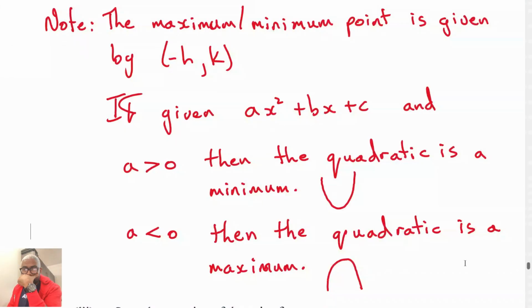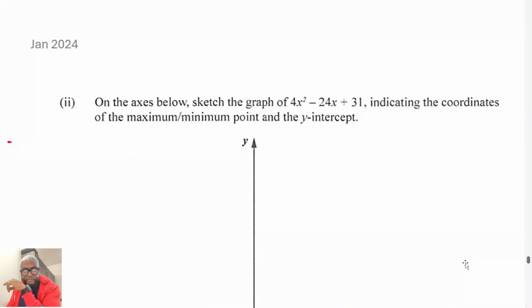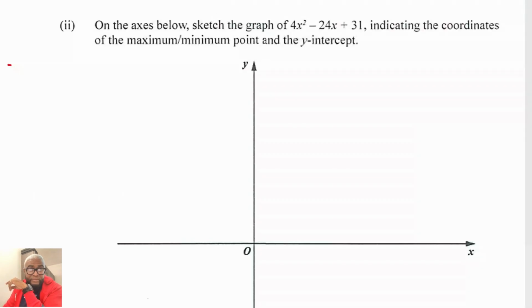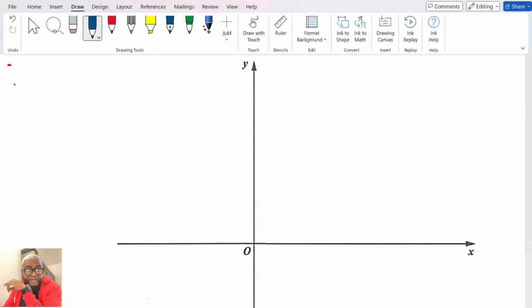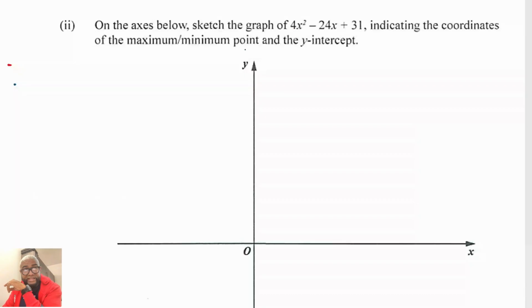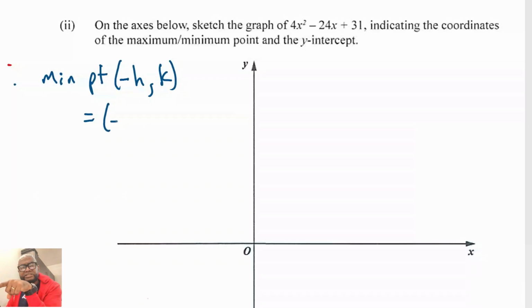Scrolling up. So I still write my minimum point here. It's a minimum point because a is positive, greater than 0. The coordinates of the minimum point are negative h comma k. So that will be equal to what? What was h? You all have it there. Negative 3, it was. So negative h will be positive 3, comma, what was k?